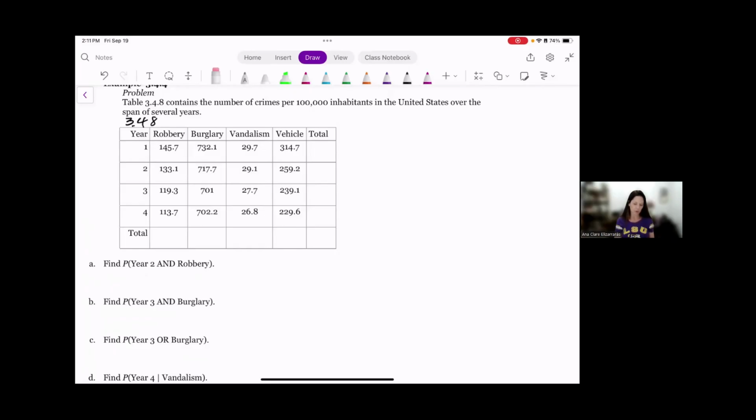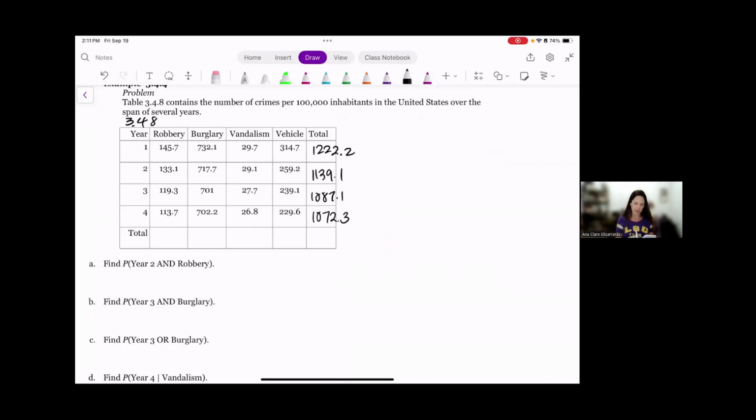145.7 plus 732.1 plus 29.7 plus 314.7 gives me 1,222.2. 133.1 plus 717.7 plus 29.1 plus 259.2 is 1139.1. 119.3 plus 701 plus 27.7 plus 239.1 is 1087.1. 113.7 plus 702.2 plus 26.8 plus 229.6 is 1072.3.